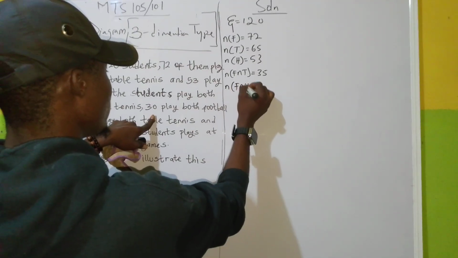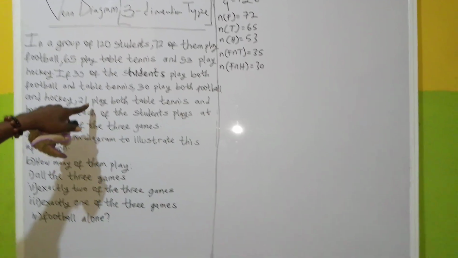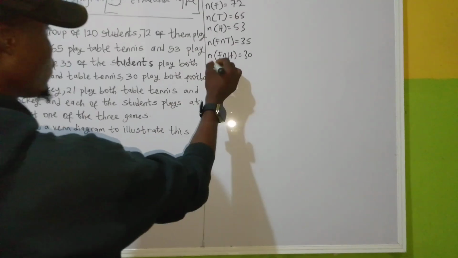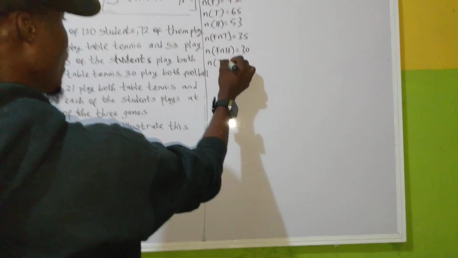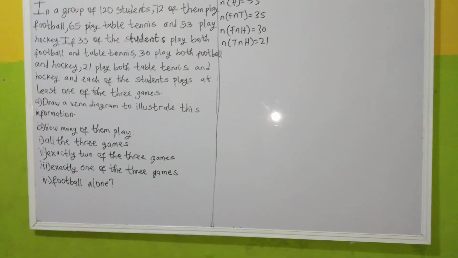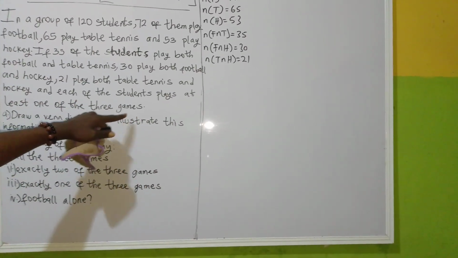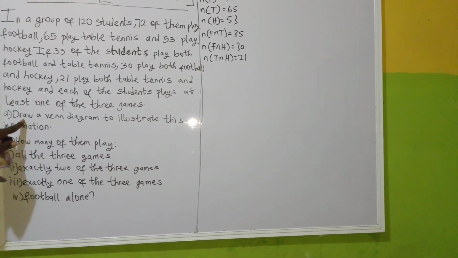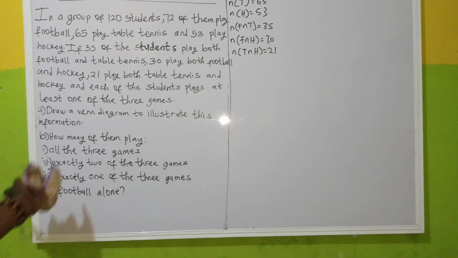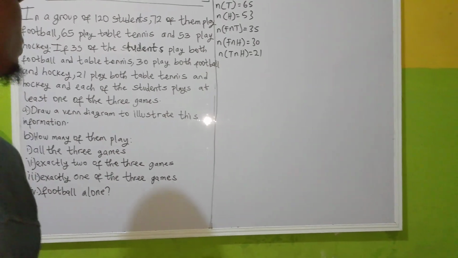Football and hockey, 30. 21 play both table tennis and hockey. Table tennis and hockey is 21. And each of them plays at least one of the three games. Draw a Venn diagram to illustrate this information.